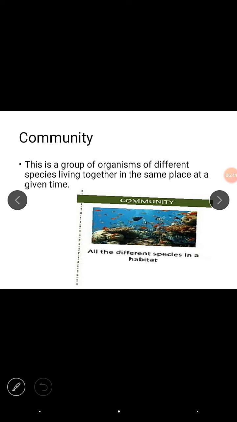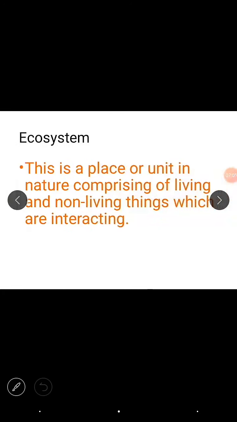You could have snail and all that living in a particular community. So that's a community. A community is larger than a population, okay, because population deals with a particular species, while community refers to different kinds of species.